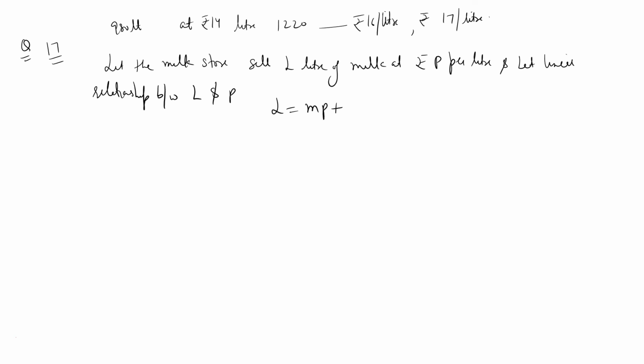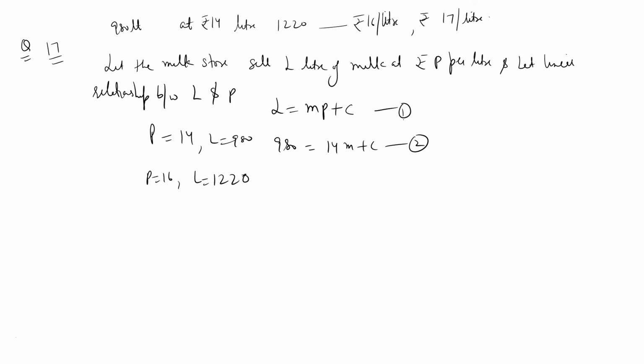So it is like this. So when P is 14, L is 980. So my equation changes to 980 is equal to 14m plus c. This is number 2. When P is 16, it is 1220. So it is 1220 is equal to 16m plus c.